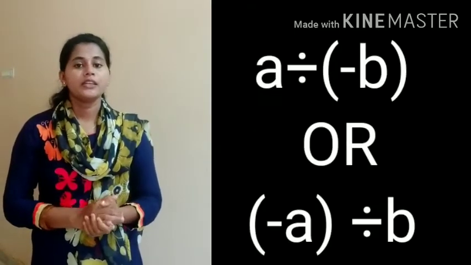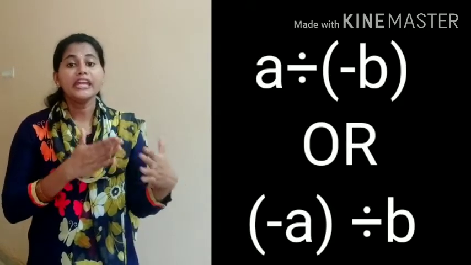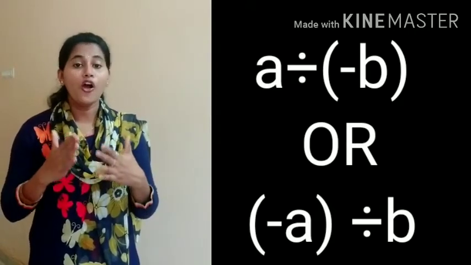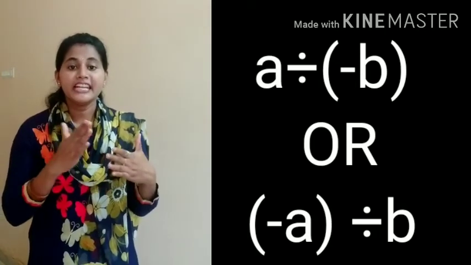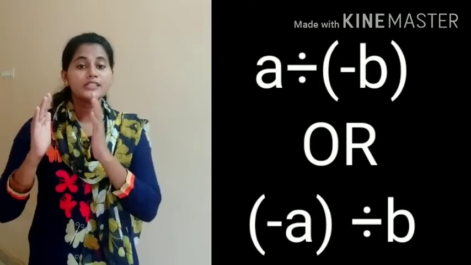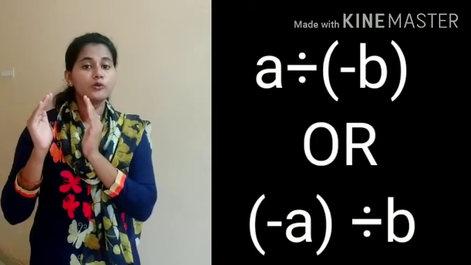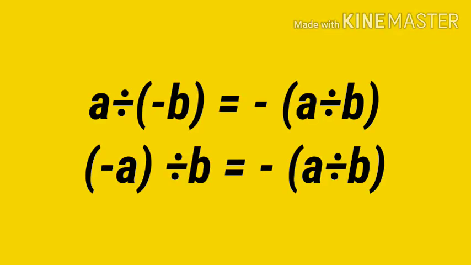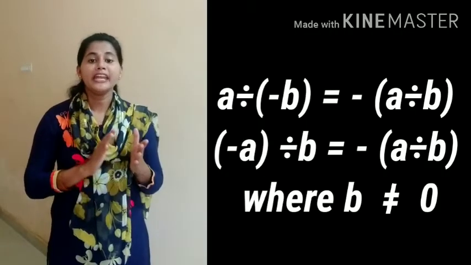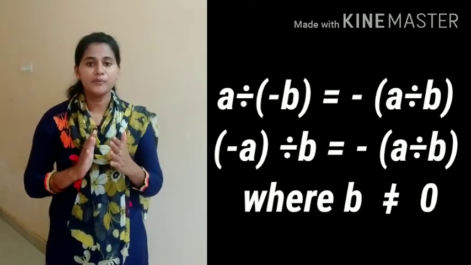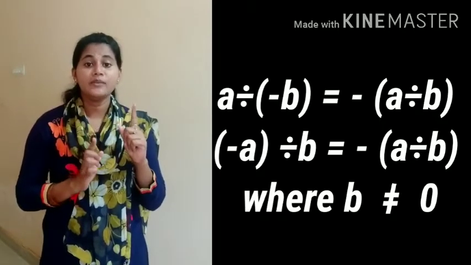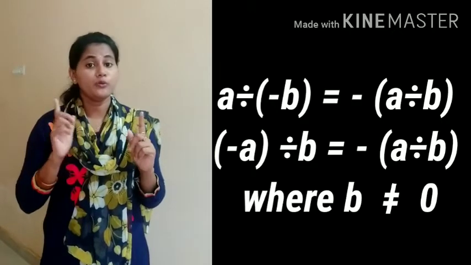In general, for any two integers, a divided by minus b or minus a divided by b is equal to what? First we have to divide them as whole, so minus of, in the bracket, a divided by b. For any two integers, a divided by minus b or minus a divided by b, a special condition applies, where b is not equal to 0.